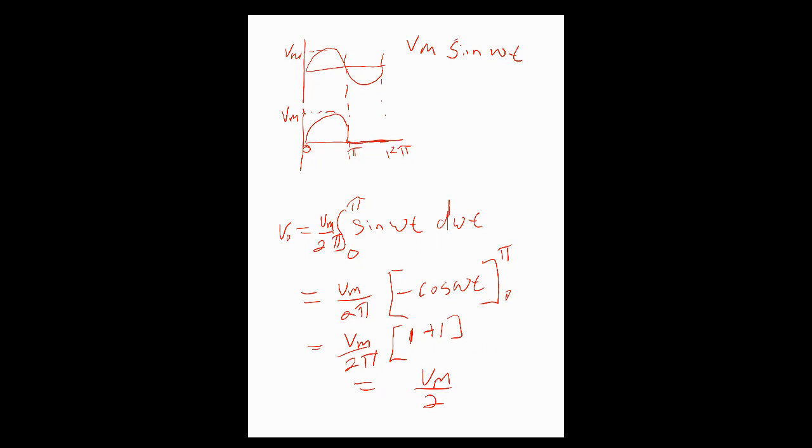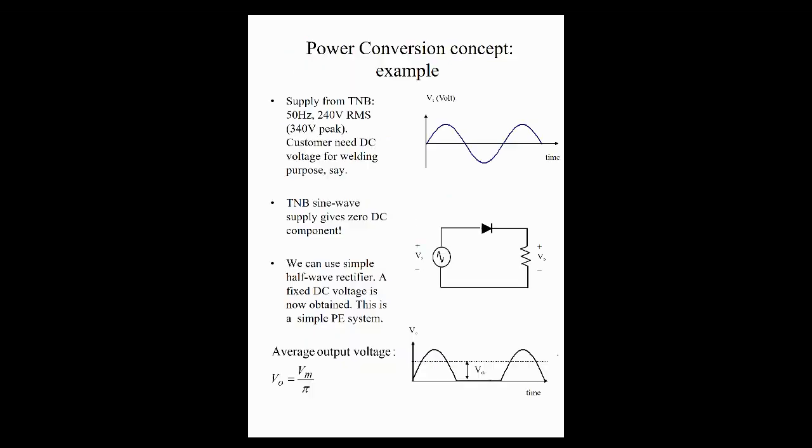That's an error right there, it's over pi. The 2 gets cancelled, 1 plus 1. So that's how we get the output to be Vm over pi.